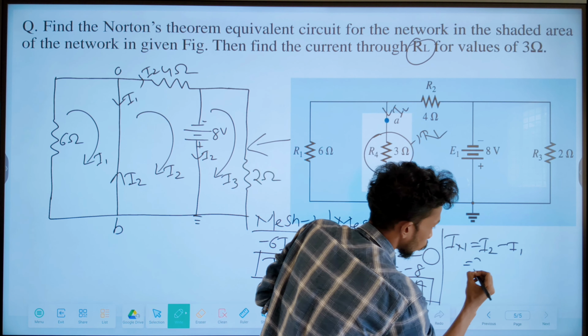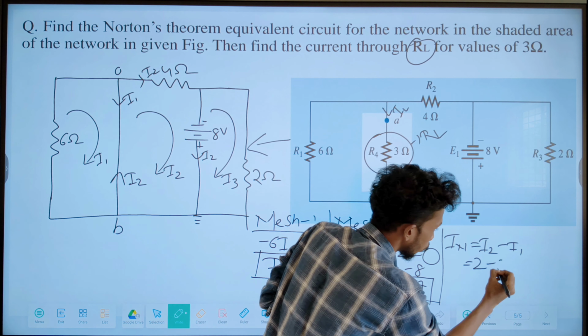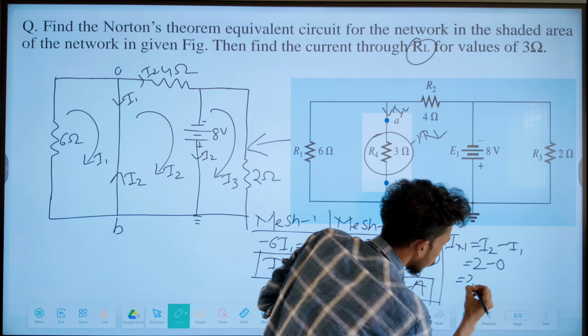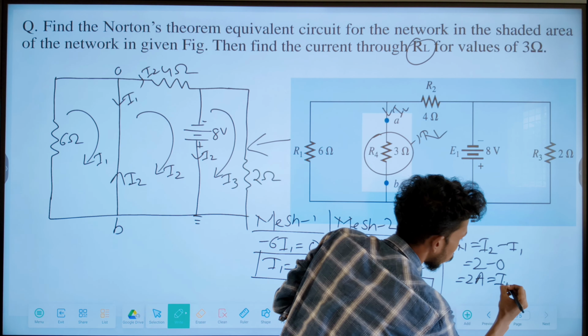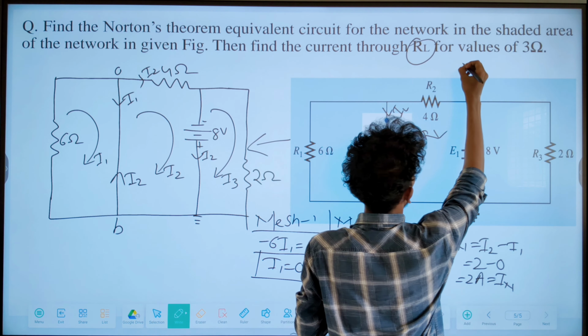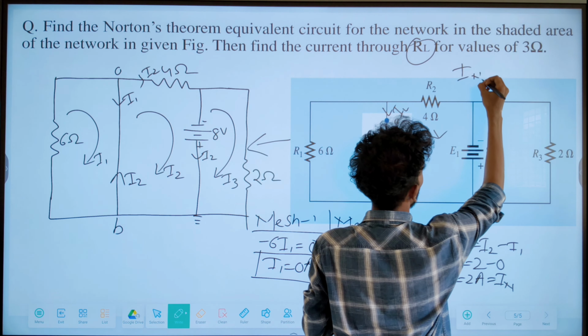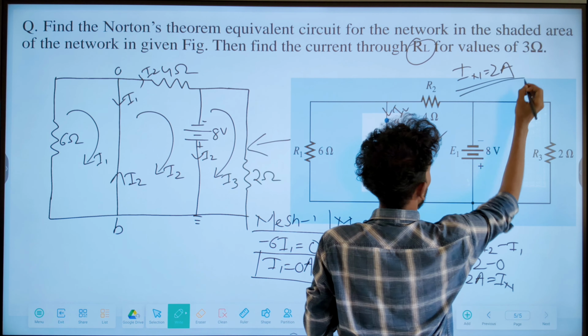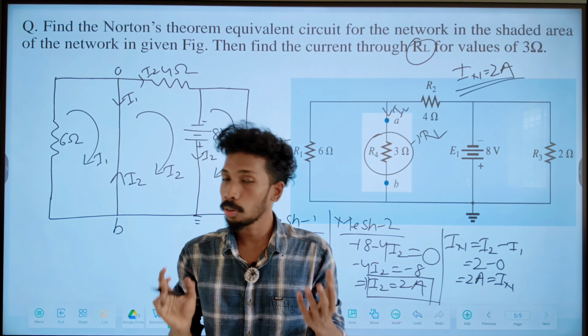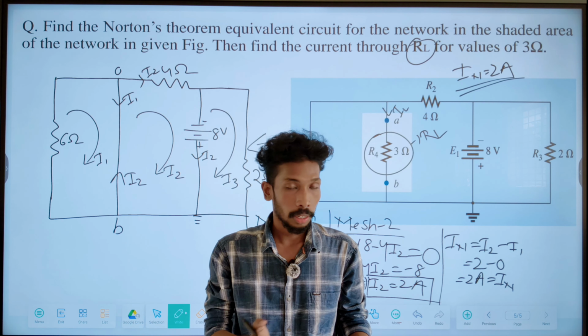That will be I2, 2 ampere, minus I1 value 0, so it is simply 2 ampere, and that is our Norton current. So we can write here IN value is equal to 2 ampere.